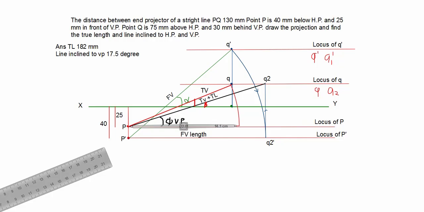So I rotate it up to the locus of plan point P, and here I got my plan point Q1. So now you can write this PQ1, it is your top view length. Top view length.